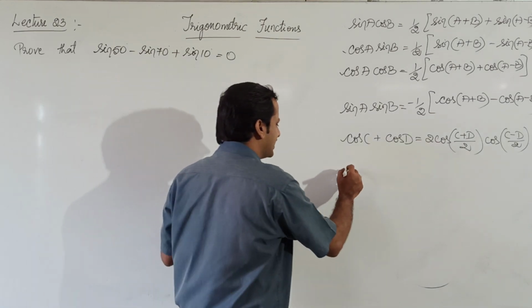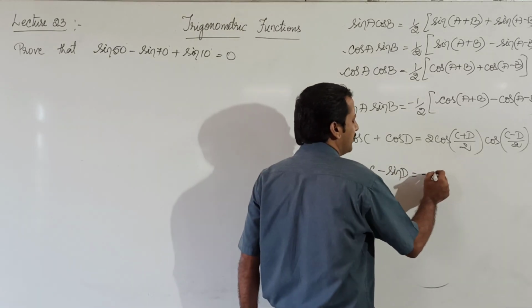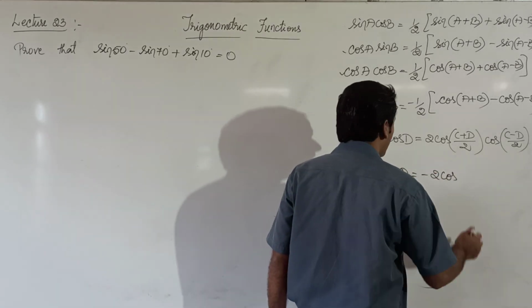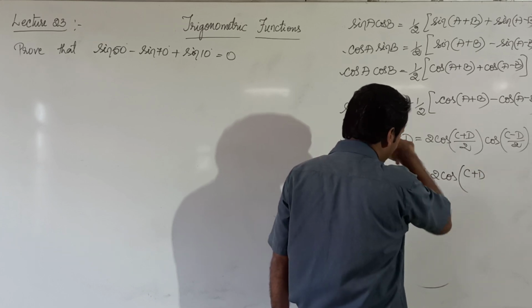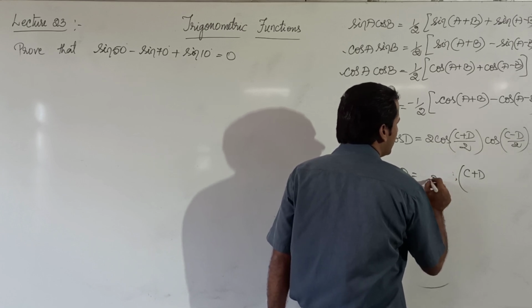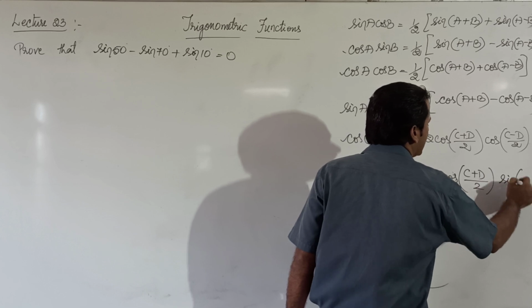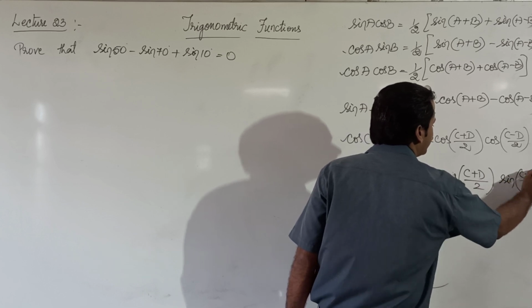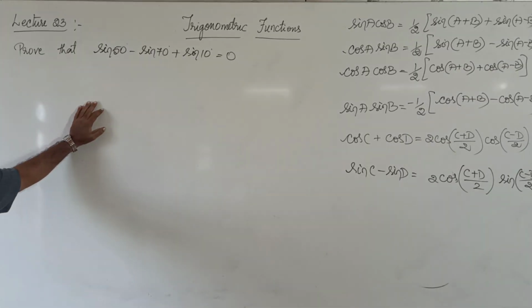What is sin C minus sin D? Sin C minus sin D is equal to minus 2 cos (C plus D)/2. Sorry, that is cos C minus cos D. Sin C minus sin D is equal to 2 cos (C plus D)/2 into sin (C minus D)/2. Okay, use this formula.